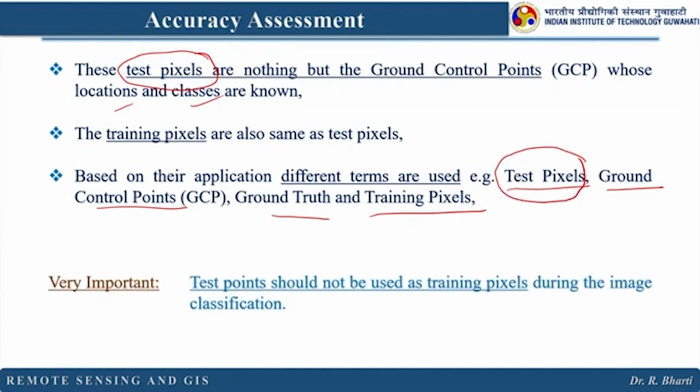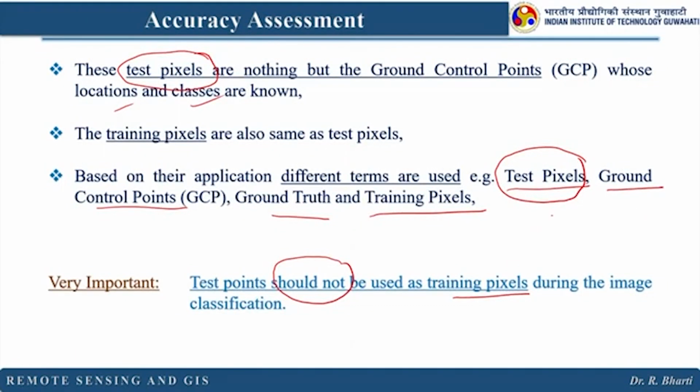It is very important to note that test pixels should not be used as training pixels during the image classification. Otherwise, what will happen? Your accuracy assessment will be 100%. So the accuracy of your produced result will be 100%. That cannot be true.